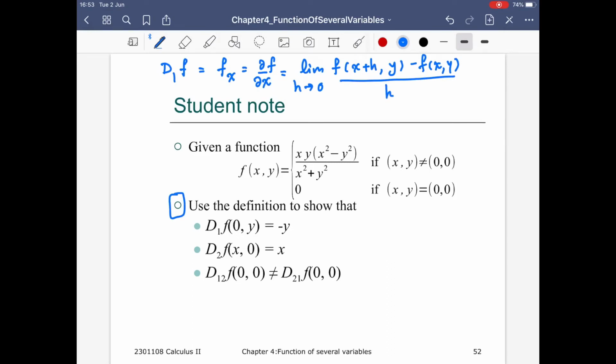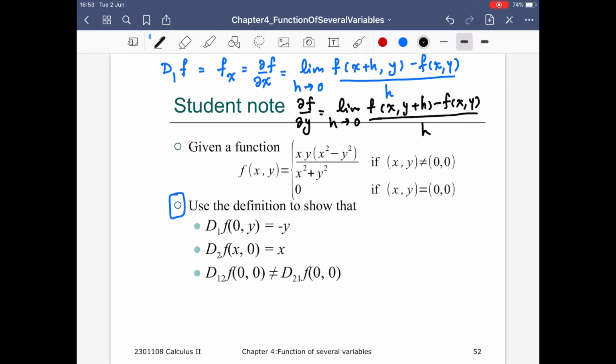Okay, and in a different token, if you want to find a derivative with respect to y, the definition says that you just fix your x and then let your y change, okay, over a small change of y. That will be a derivative with respect to y.